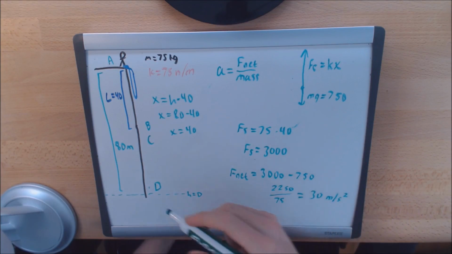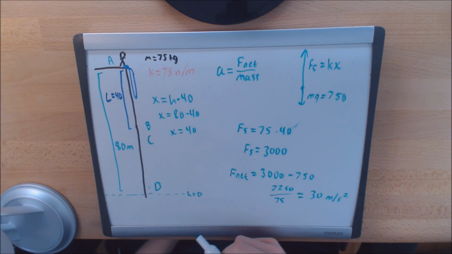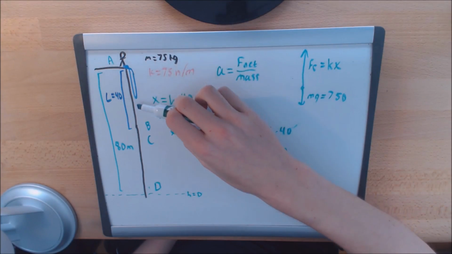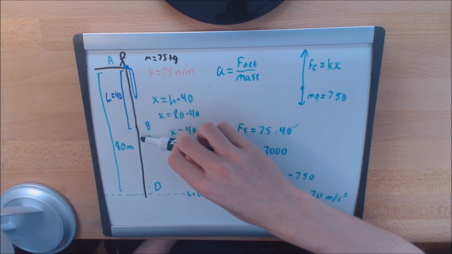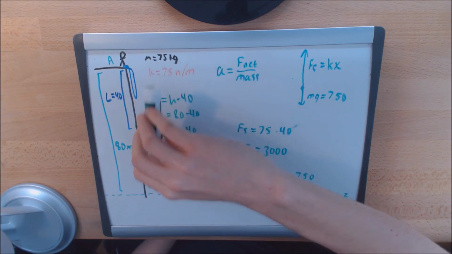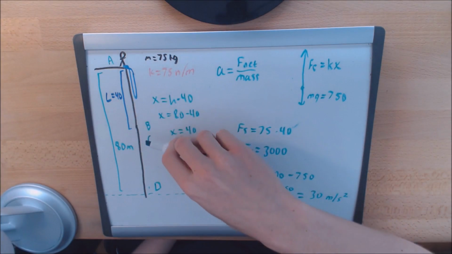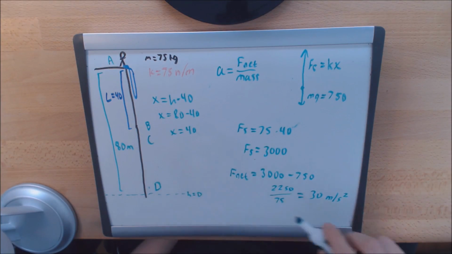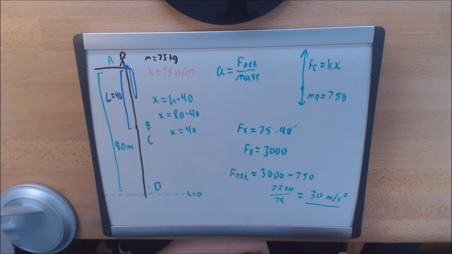So it turns out it is going to be the greatest at the bottom, his acceleration, because all the other time when he's in free fall it's just 10, and then when he's accelerating, he's moving down but accelerating up as he goes from B to D, but his max acceleration will be at D of 30 meters per second squared.